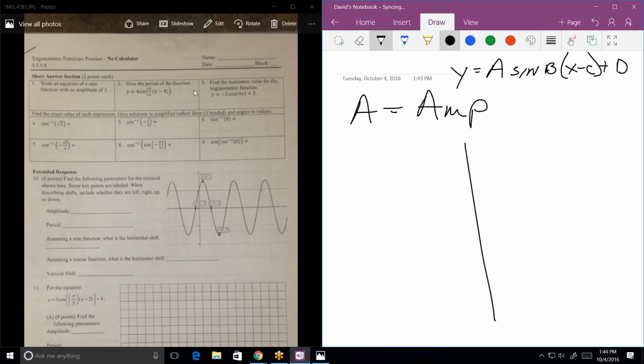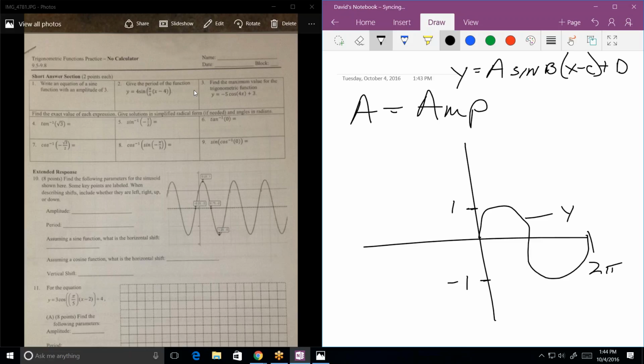Okay, this function I've just drawn is y equals sine x. Notice the amplitude is 1.